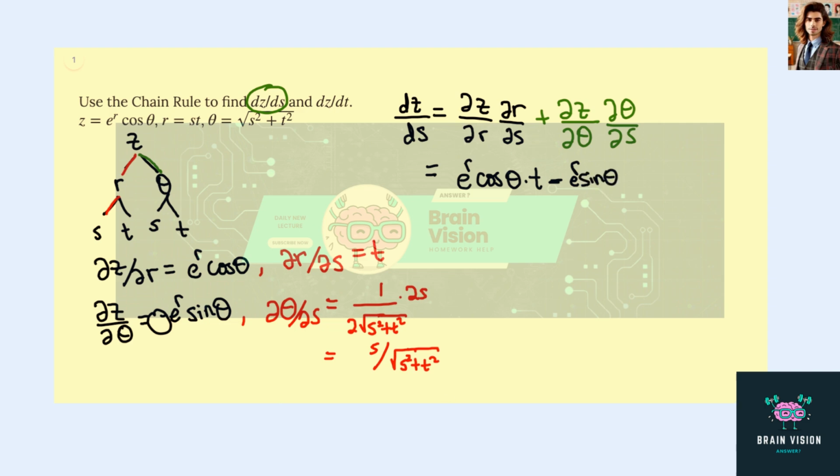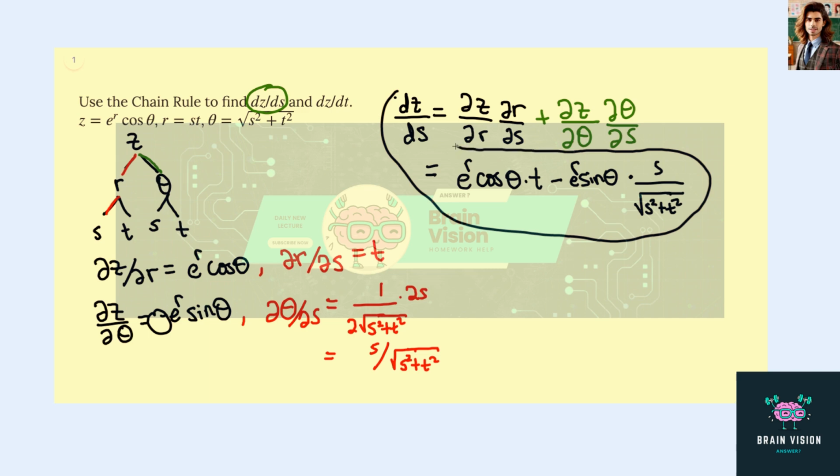So this kind of looks like an equal sign, so let me go back and fix that. Minus, and then d theta over ds. So this is one of our answers here. After simplifying, we get that expression on the right.